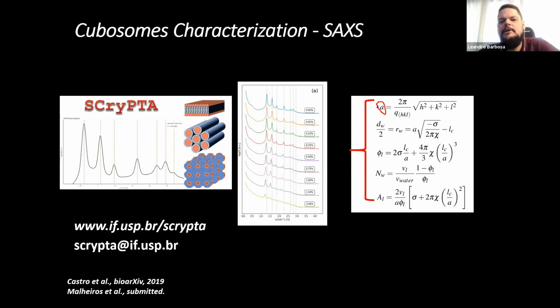Of course, if I have a cubic structure, it's the same A, and A. With this particular parameter, you may retrieve several other very interesting physical and physical chemical parameters, like the radius of these water channels that we have inside these cubic structures, the hydrophobic volume fraction inside your unit cell, the number of water molecules per molecule of lipid, and also the surface area of this hydrophobic region.